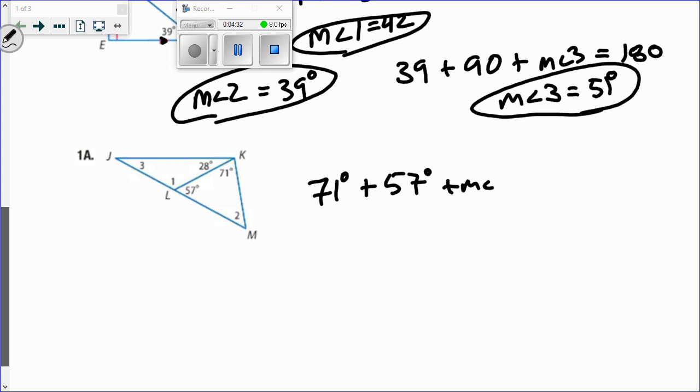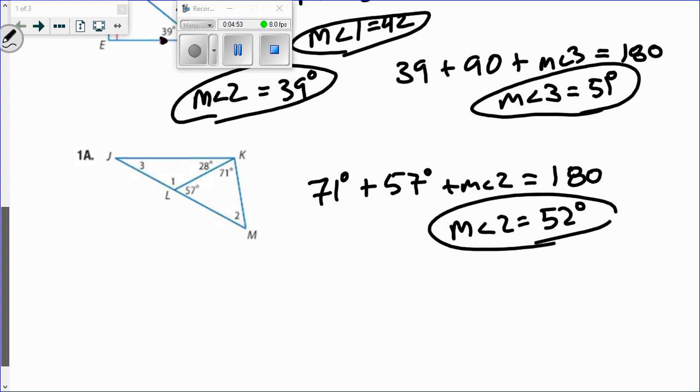So we're able then to find the measure of angle 2. 180 minus 71 minus 57. The measure of angle 2 should be equal to 52 degrees then. So now we found that one, 52.